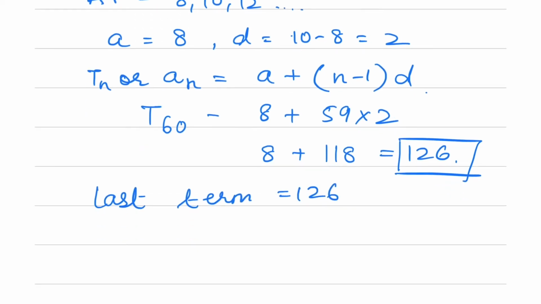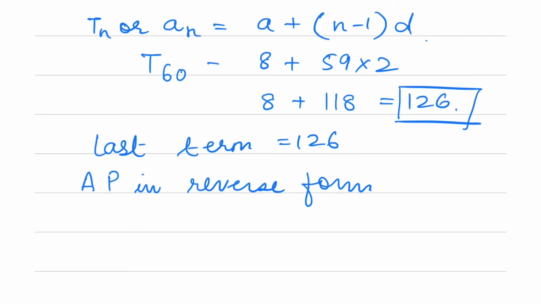I can write down my AP in the reverse form: 126, 124, 122, 120 and so on.